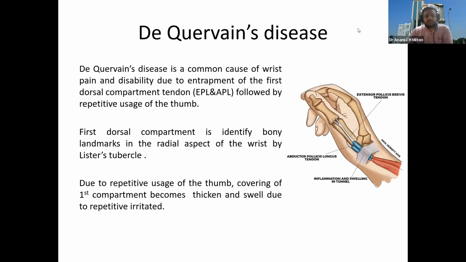As already told by Gautam sir, de Quervain is a first compartment disease, especially involving the abductor pollicis longus and extensor pollicis brevis.